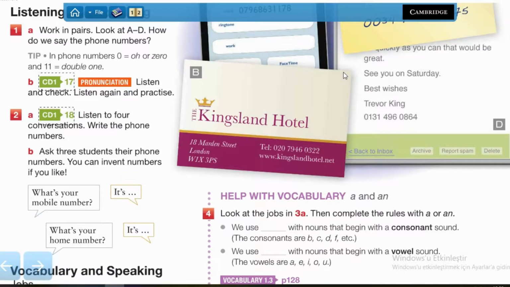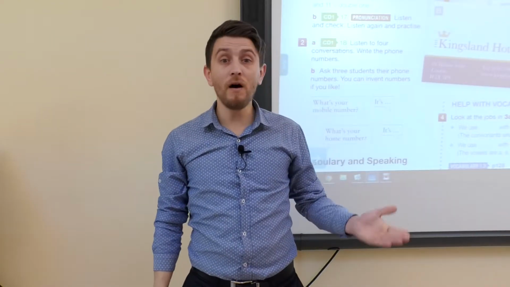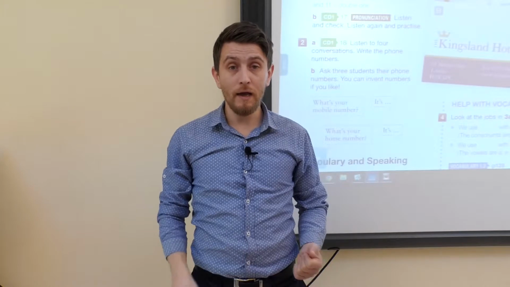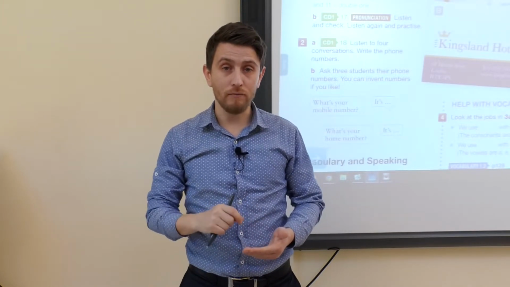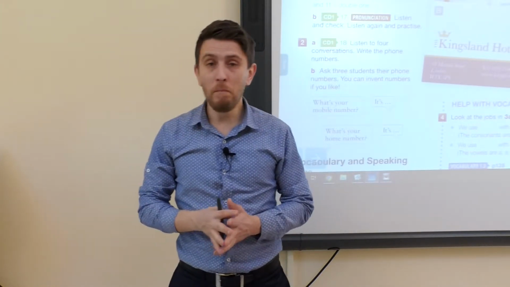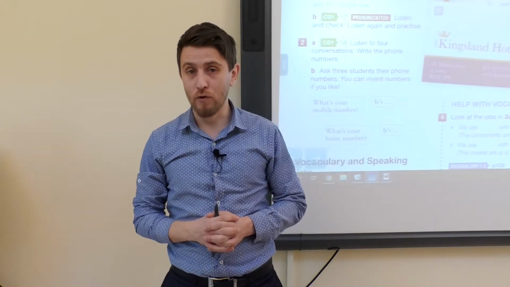Right. Now I say my father's mobile number and you write it down. Let's start. My father's mobile number is 0532 494 8944. Let's repeat.